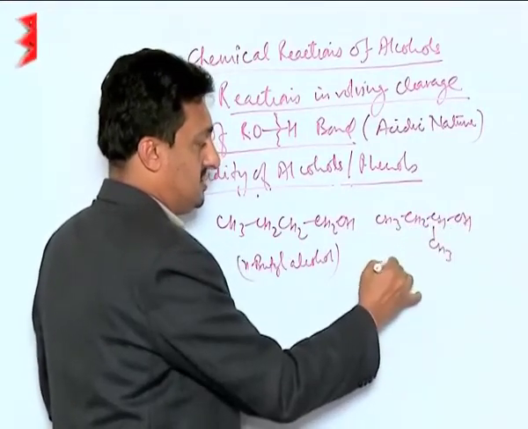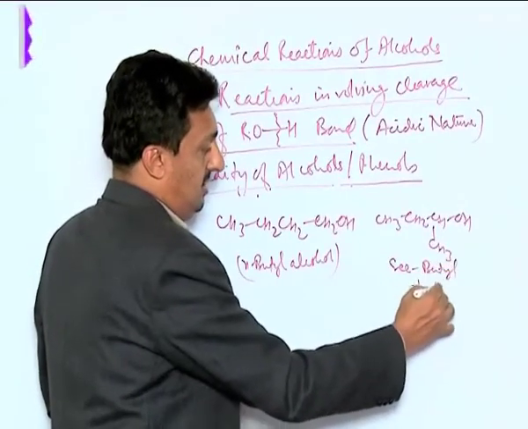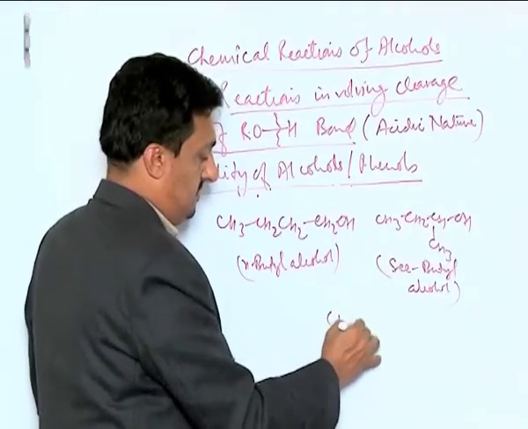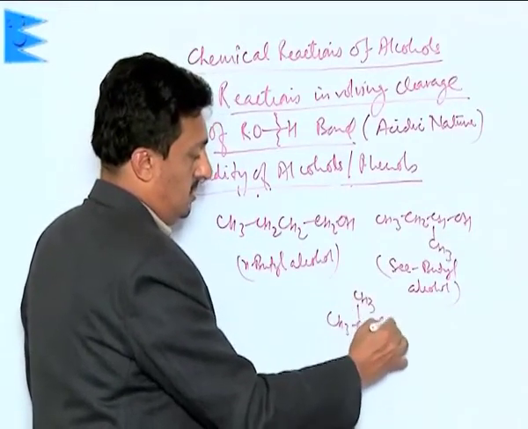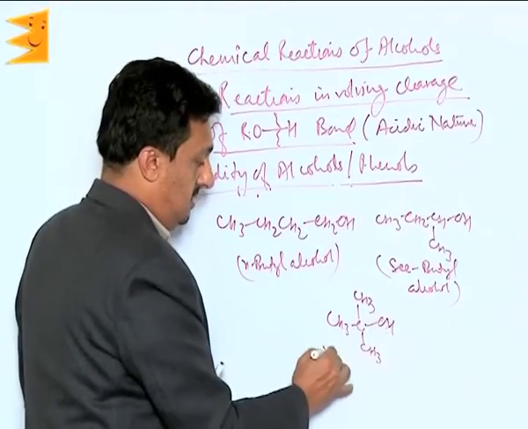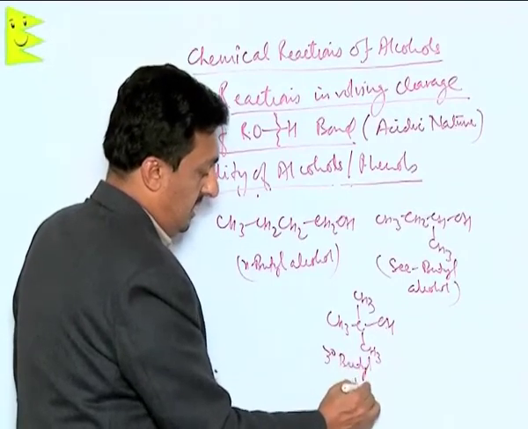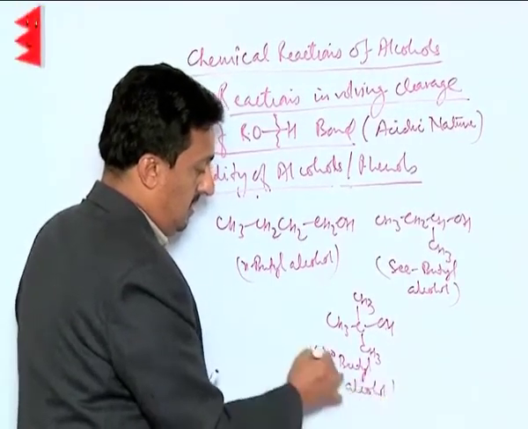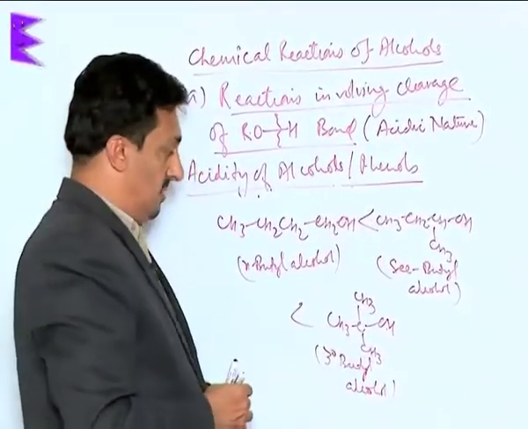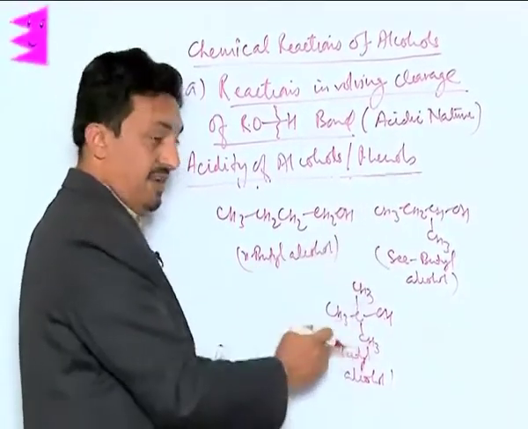This we can have is secondary butyl alcohol, and if we compare this with tertiary butyl alcohol, what we find is this order. It will be a decreasing trend, it will be like this.